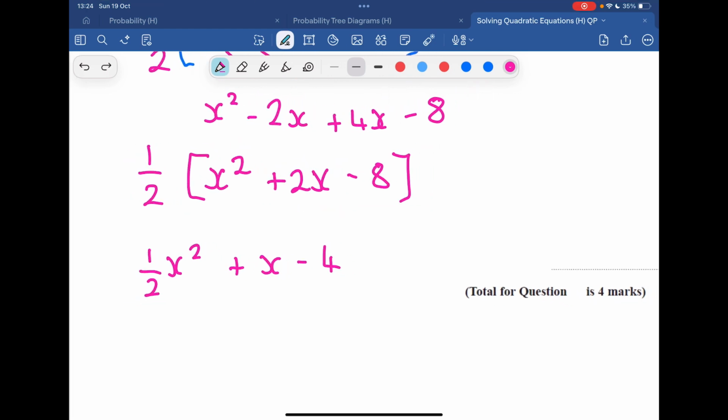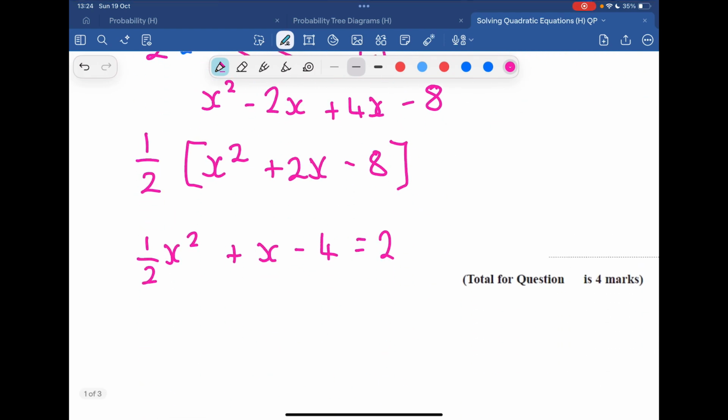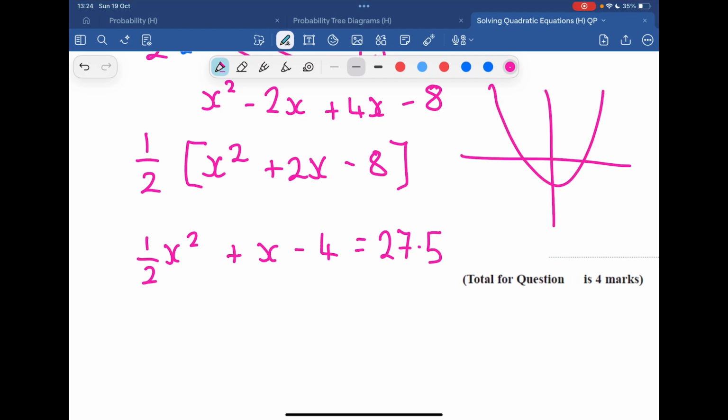Okay, we know that this is equal to 27.5. What we need to do to solve a quadratic, we know that the root of the quadratic, if we draw out what we expect this shape's going to look something like this. All our quadratics have this U shape. We know that the roots here, we find them when y is equal to 0. So we need to set this equation equal to 0. At the minute it's equal to 27.5. We don't want that.